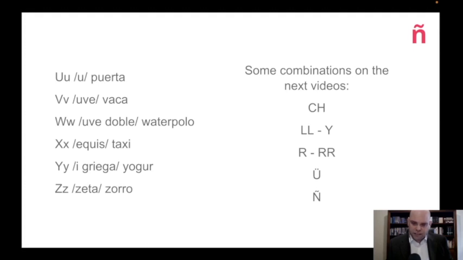We only use diaresis on the letter U in some cases, and we will learn what cases there are in a video later on. And then this specific ñ, so we'll also learn about ñ and the history behind this letter which we have in Spanish.